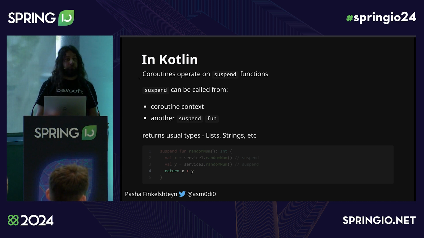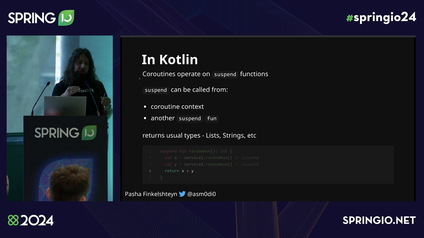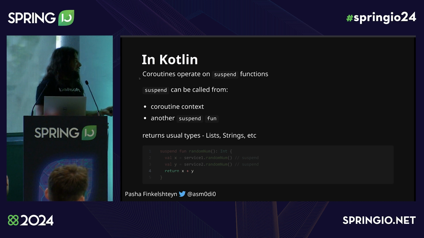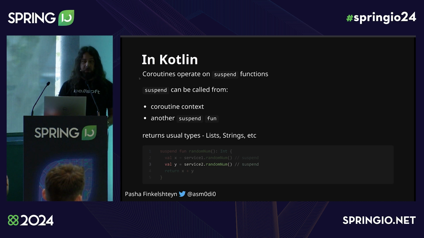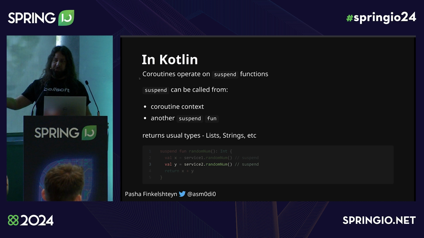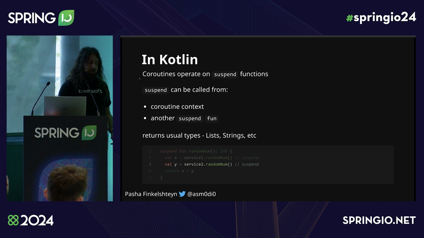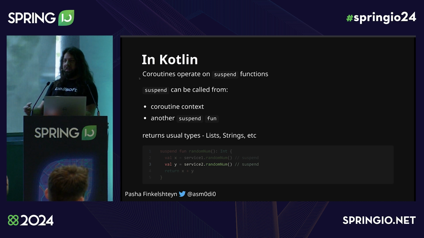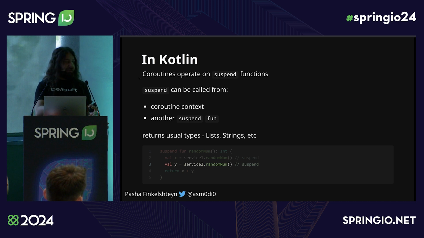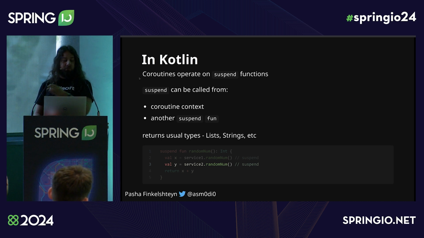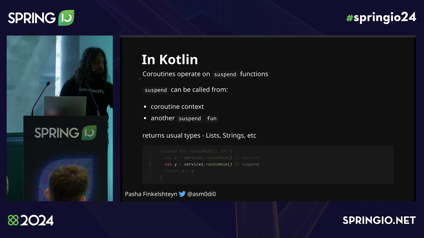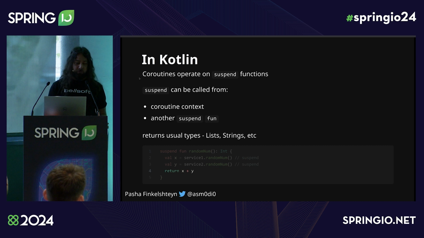What is nice, internally, the JVM can stop execution after each of these statements, like after this or after this, and give up the thread, because we don't know how these services obtain their random numbers. Maybe it takes a long time, but for us, we can utilize threads better. This thread, which otherwise would just wait for the result, will give its resources to another thread to do something else useful.